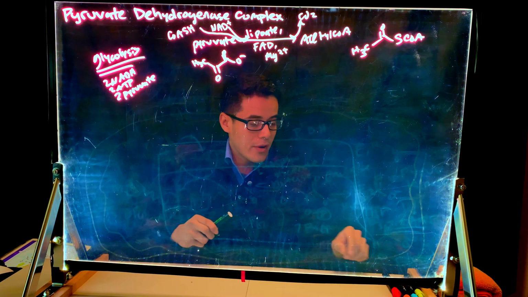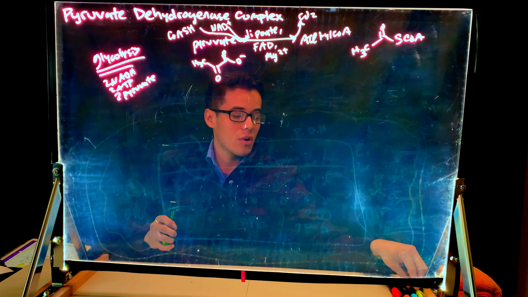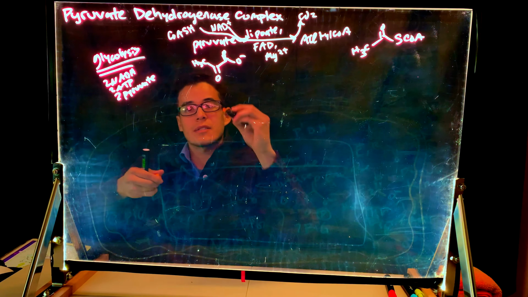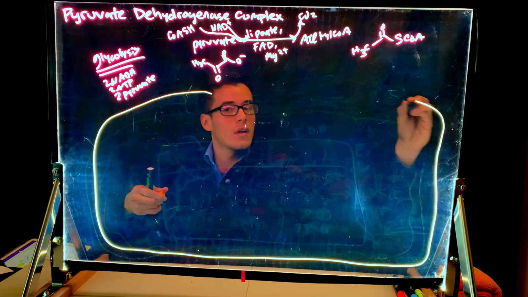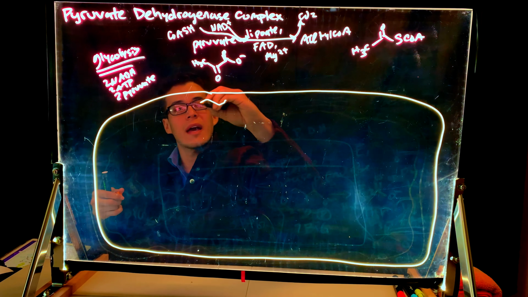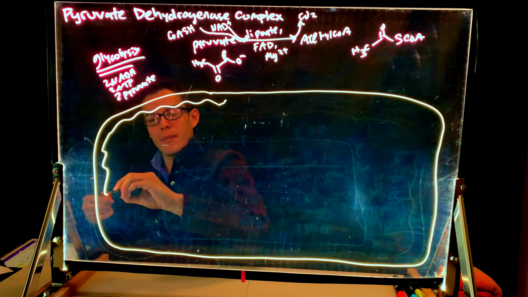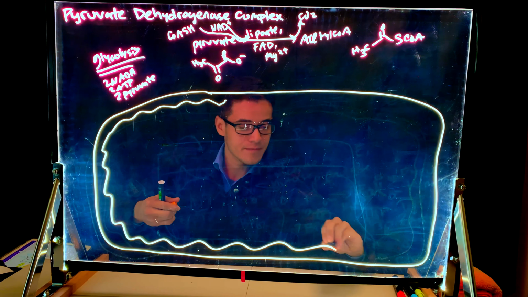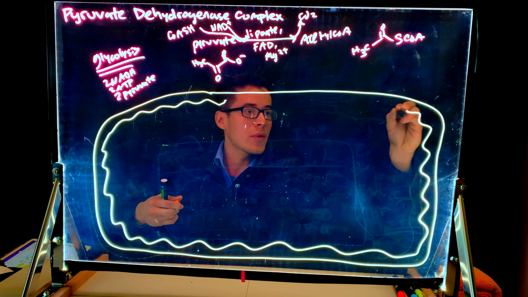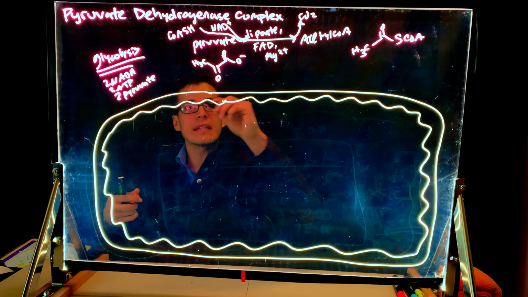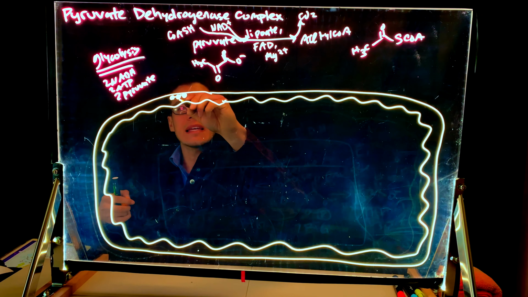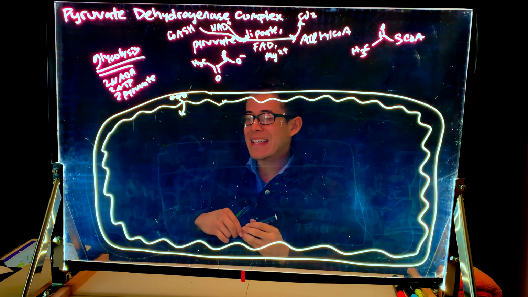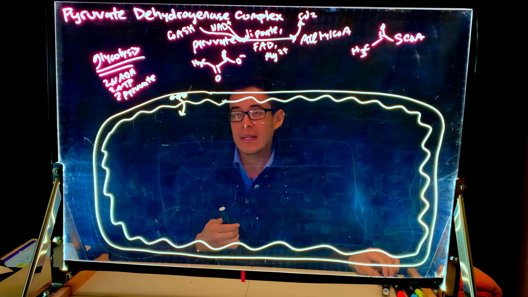All right, let's go ahead and jump into this and see what's going on here, okay? So if we have our cell, let's go ahead and draw our cell here. So here's our cell. Within our cell, we have our mitochondrial matrix. We're going to have some pyruvate, and the pyruvate needs to get from our 3 carbons into the cell. We need to get into the mitochondrial matrix.